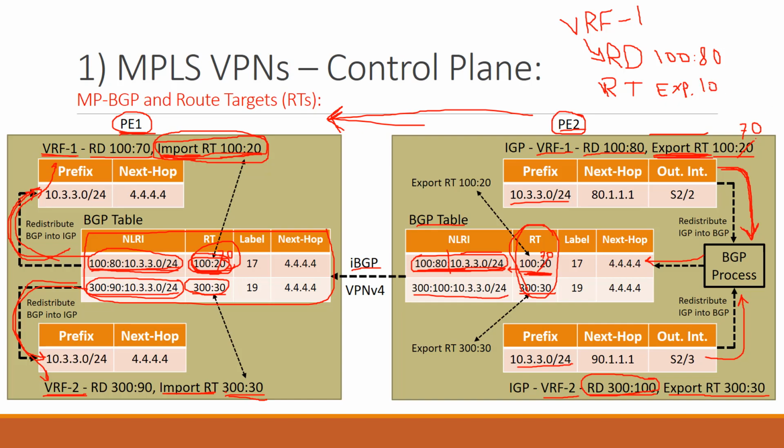Let's say the value 100:20, and you configure as well route target import.